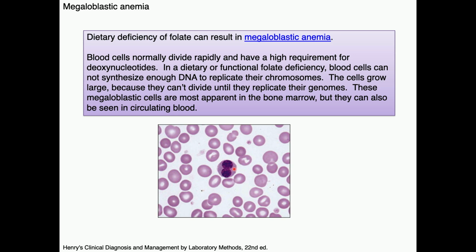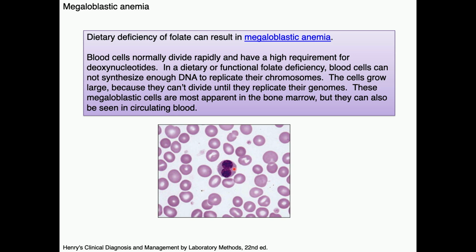But it can still synthesize hemoglobin and still pack on mass. So it's getting bigger and bigger, and it gets to the size where a normal cell would divide, but it can't divide because it hasn't replicated its genome because the nucleotides are limiting.